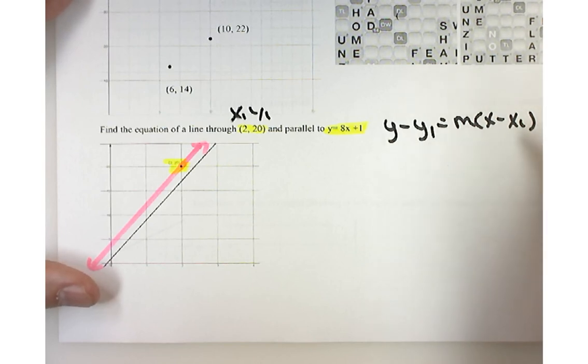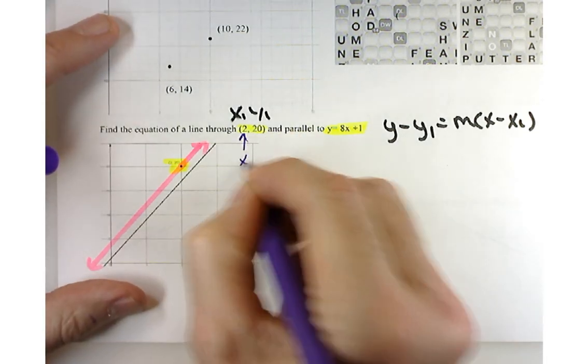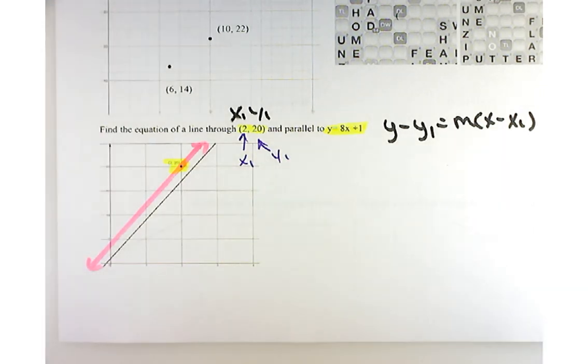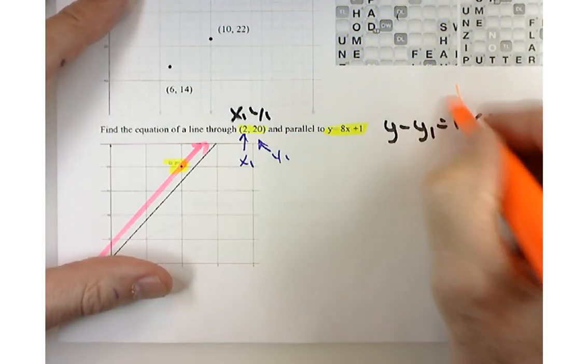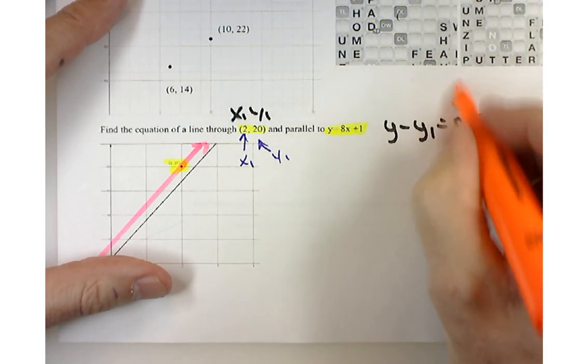So we've got our x1, y1, but what I don't have, something I need, is my slope. So what am I going to do about the slope?